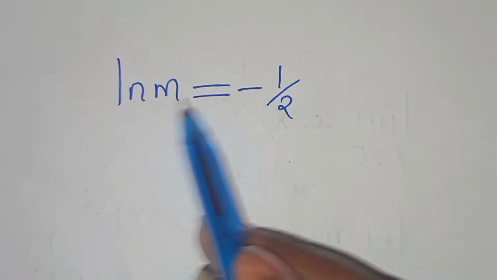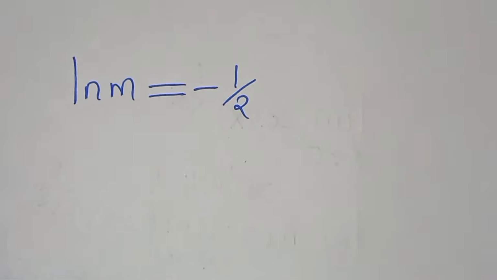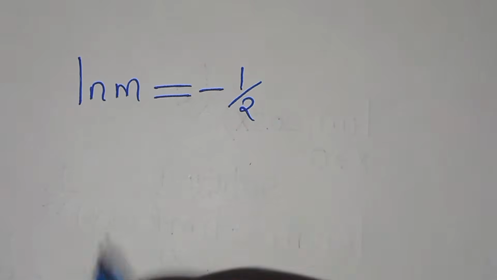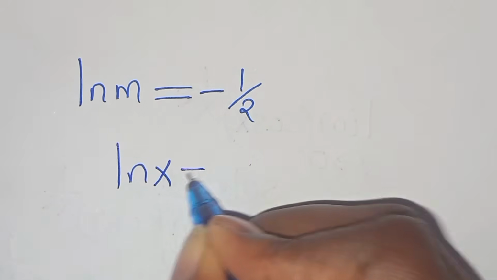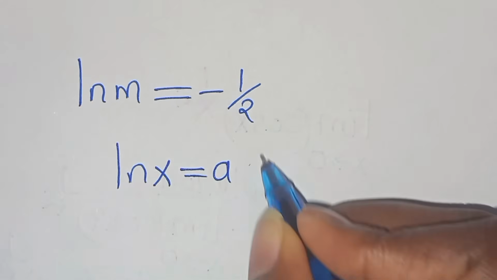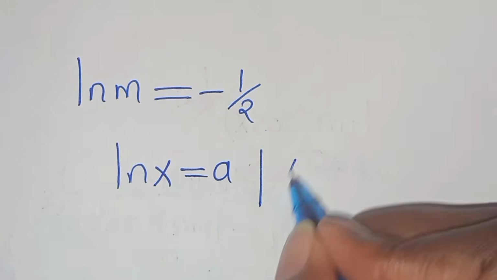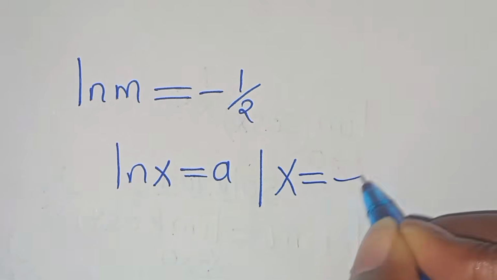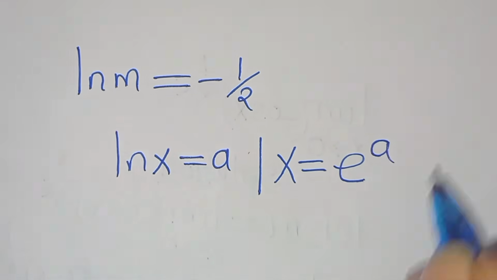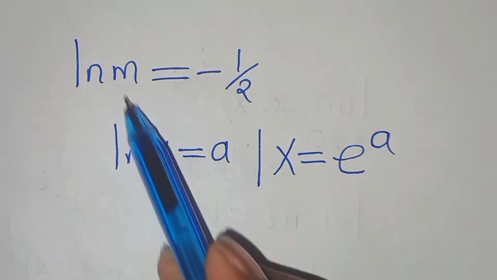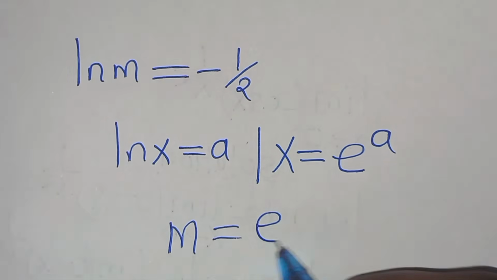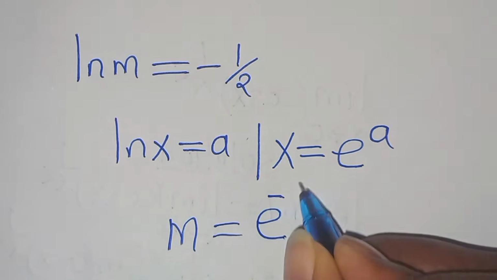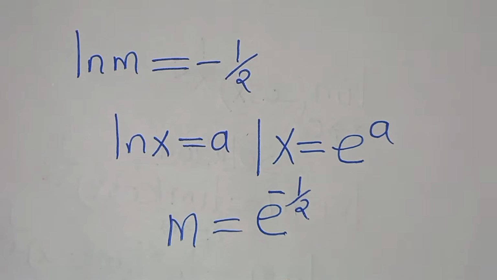Now to solve for m, if you have ln of x equal to a, x can be expressed as exponent e to the power of a. So this means that we can express m as the exponent e to the power of minus half.